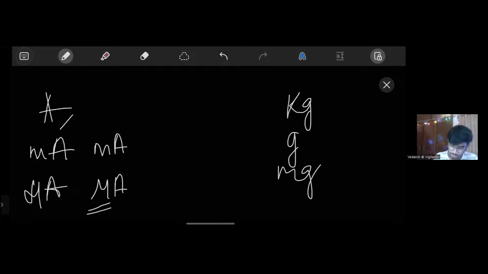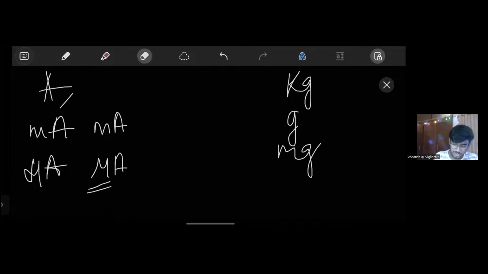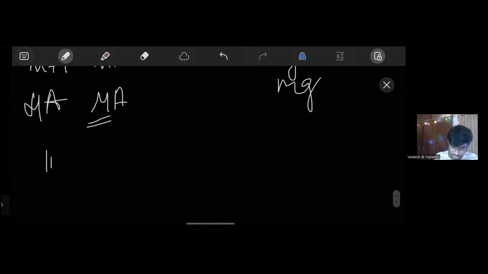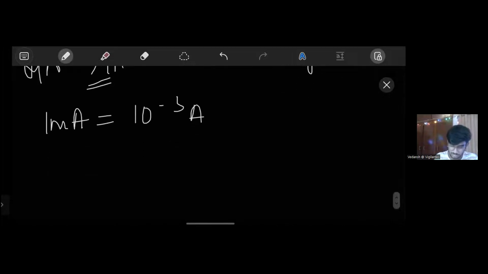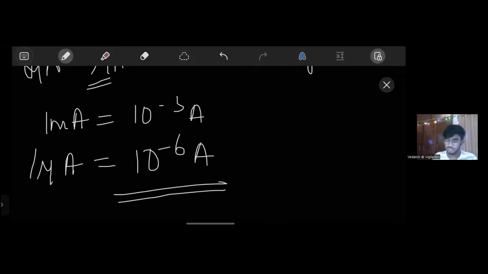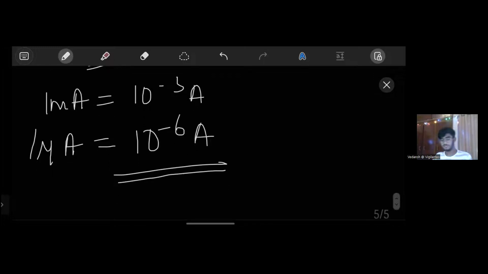Now, I can say that 1 milliampere is equal to 10 raised to minus 3 amperes, and 1 microampere is equal to 10 raised to minus 6 amperes. In the similar fashion, I can reverse this.